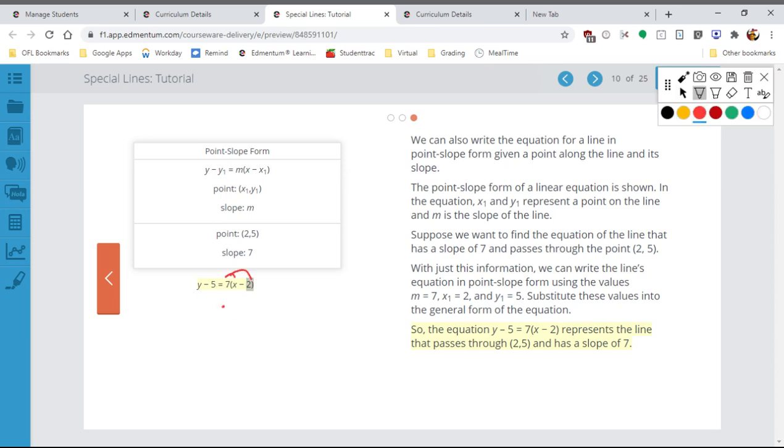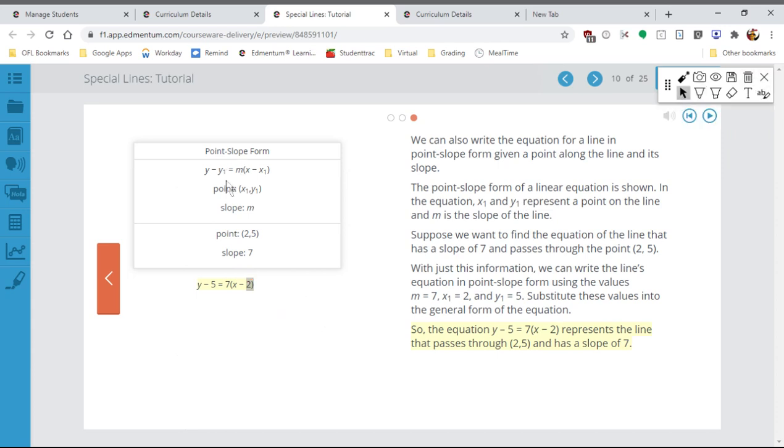You end up having to distribute, you get the 7x minus 14 minus 5, and then you add it up. So you add the 5 to both sides, and you get 7x plus 9. You'll end up getting the same thing. It's just a little weird.